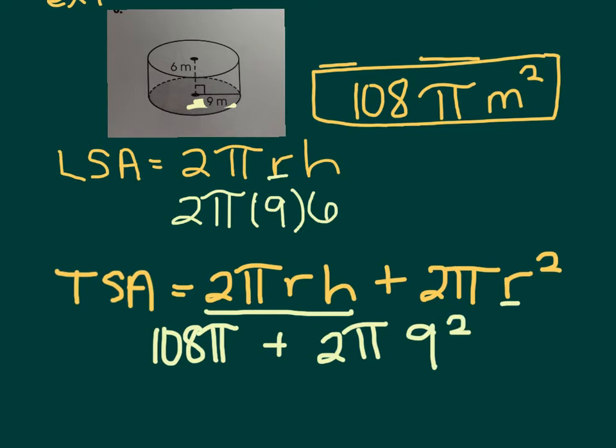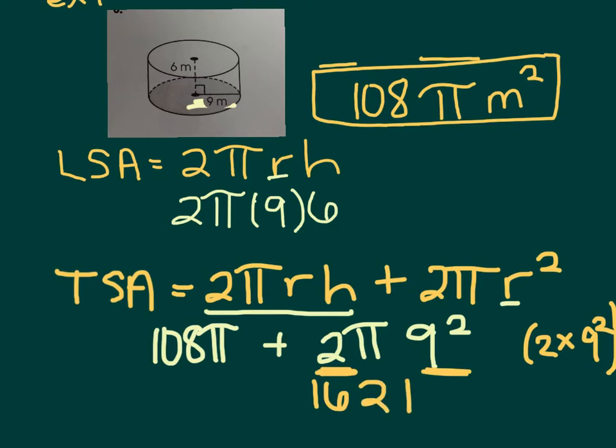Now, like what we did before, we're going to go ahead and do the multiplication with the values that are being multiplied with pi. So this would be 2 times 9 squared. That's what you're going to put in your calculator. And that equals 162, and we just leave the pi with it.